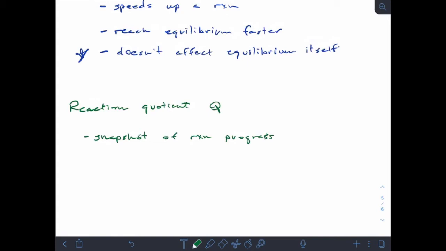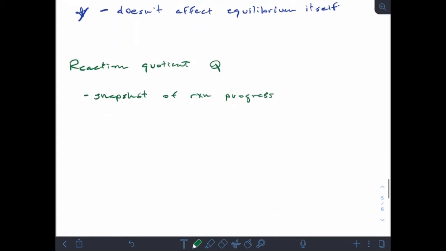Okay, so the nice thing is that the Q expression is the same as K. Right?